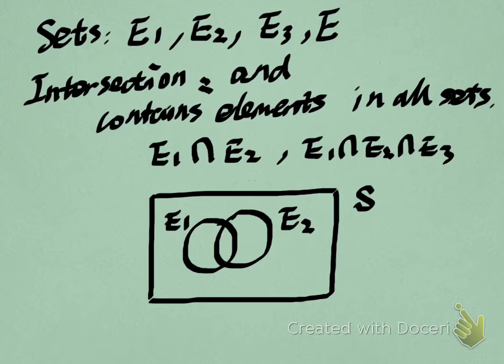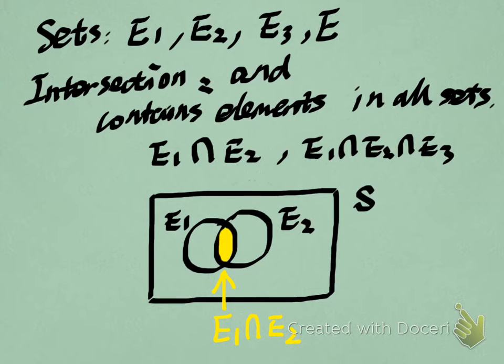The intersection of E1 and E2 is the area covered by both of these two circles. Here I show this in yellow. This is the meaning of E1 intersection E2.